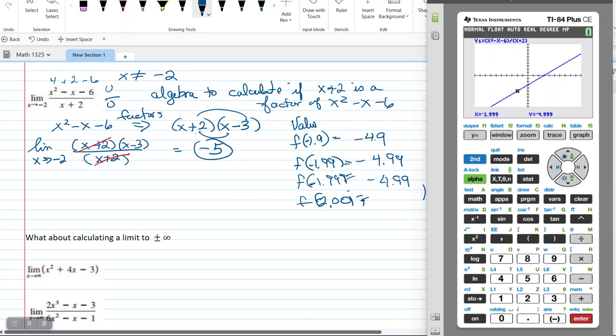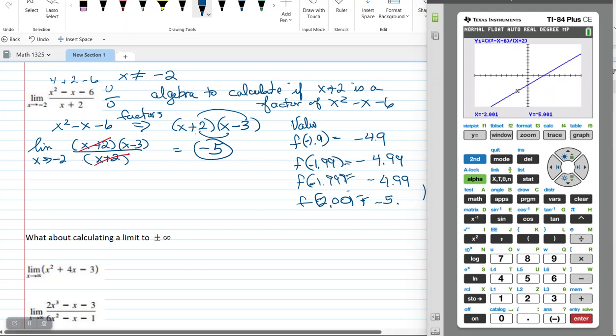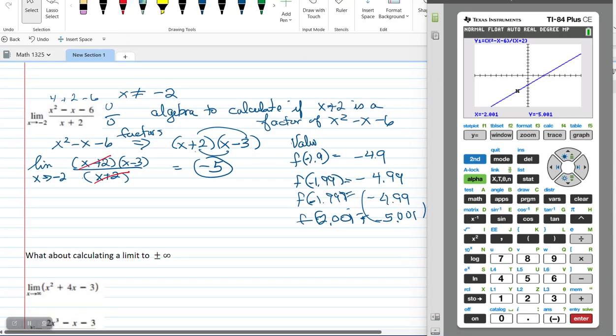I'm going to do negative 2.001, and I'm going to get negative 5.001. I'm not going to go through the whole mess because we know it is in between those two, and that is a negative 5. All right, I'm going to stop right there, and we'll continue on when we get back.